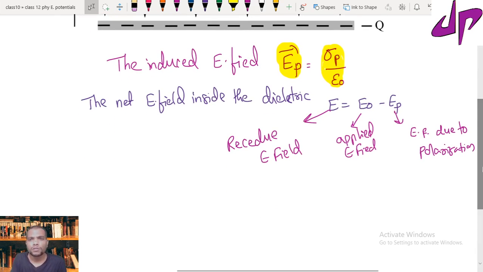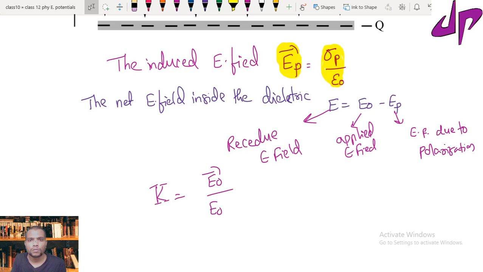If you recall the relation, kappa is nothing but E naught upon E naught minus E P. From this expression, we can write E naught minus E P equals E naught upon kappa.